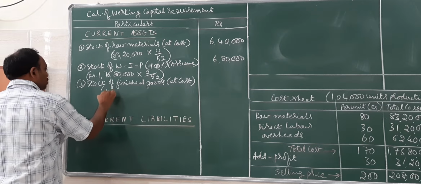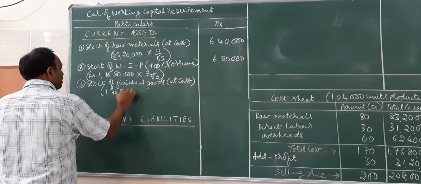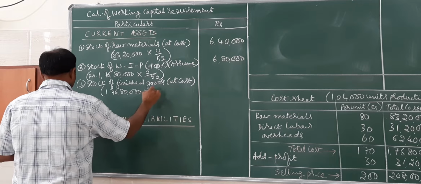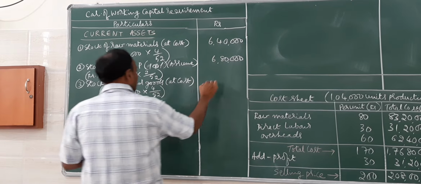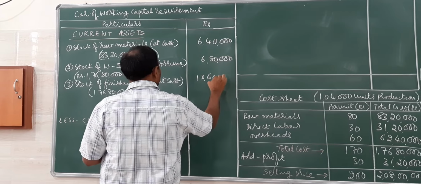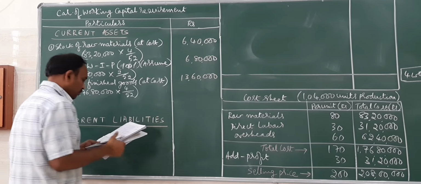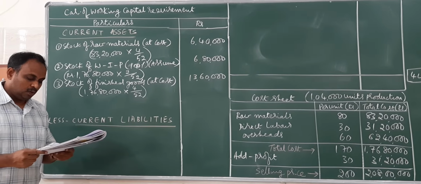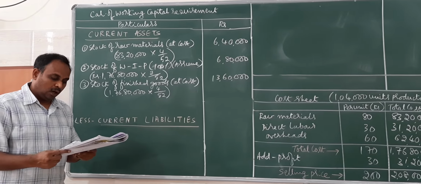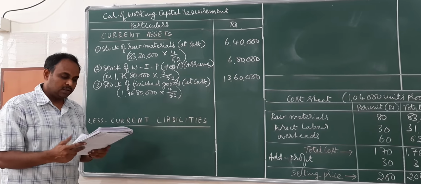So finished goods also 1,76,80,000. 1 month is equal to 4 weeks. 13,60,000.